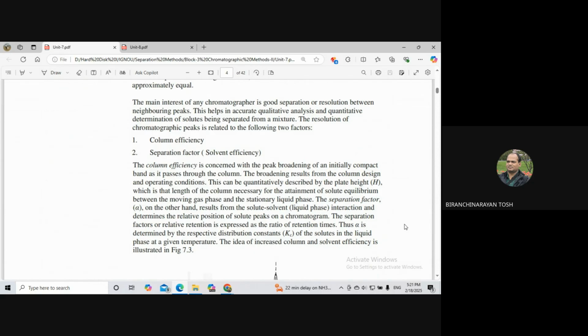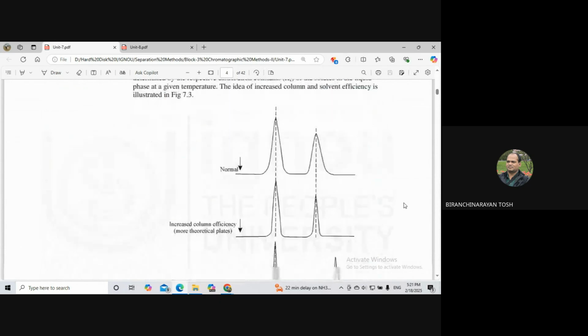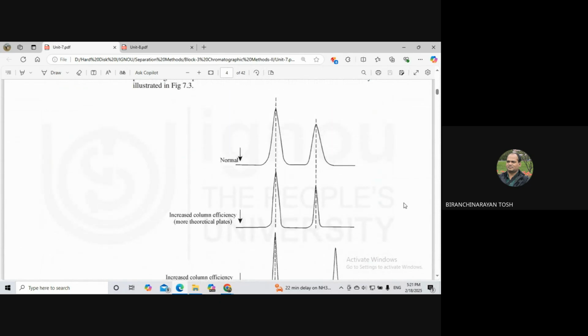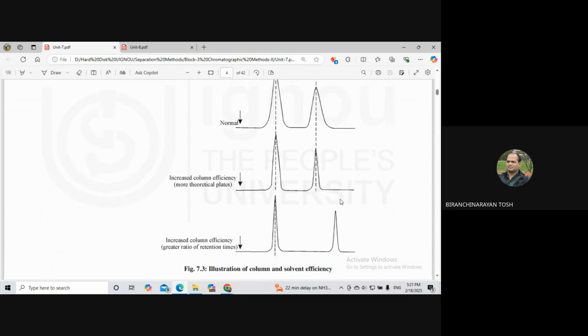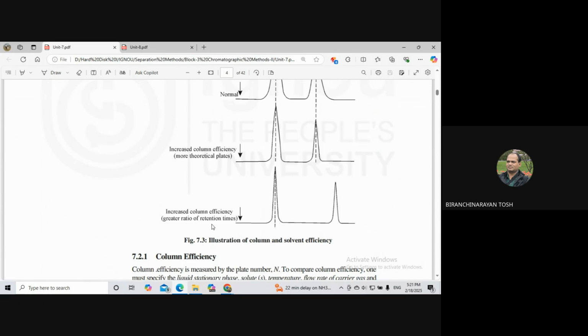Thus alpha is determined by the respective distribution constants Kc of the solutes in the liquid phase at a given temperature. So you can see this one is the normal. If you increase the column efficiency, then there will be better separation, more theoretical plates. In this case, with increased column efficiency, more sharp peaks are observed.